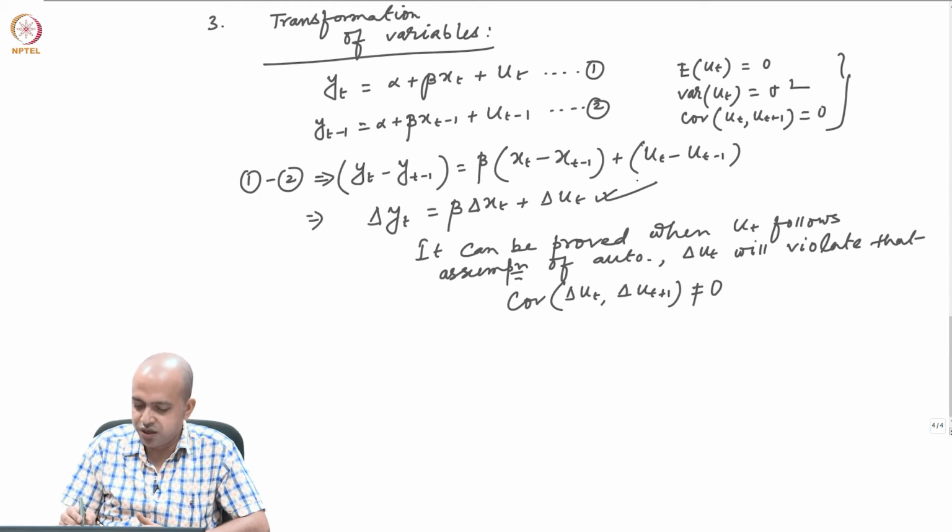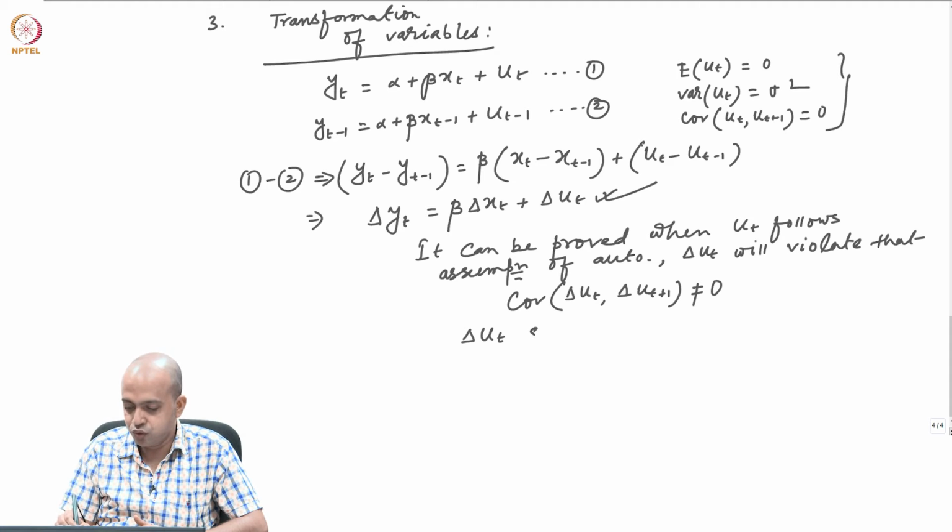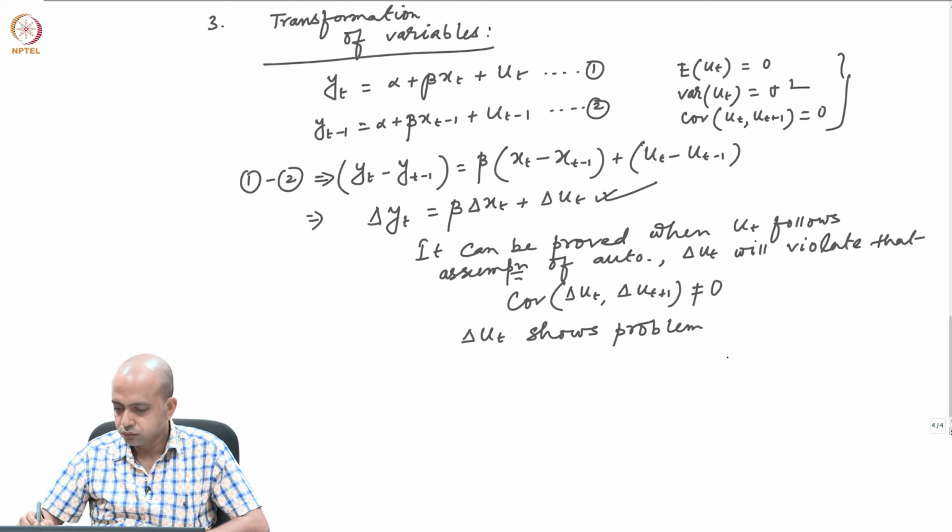So, delta u t shows the problem of autocorrelation.